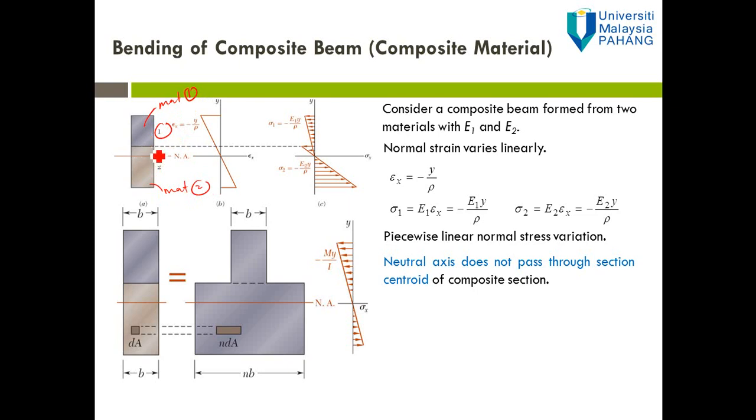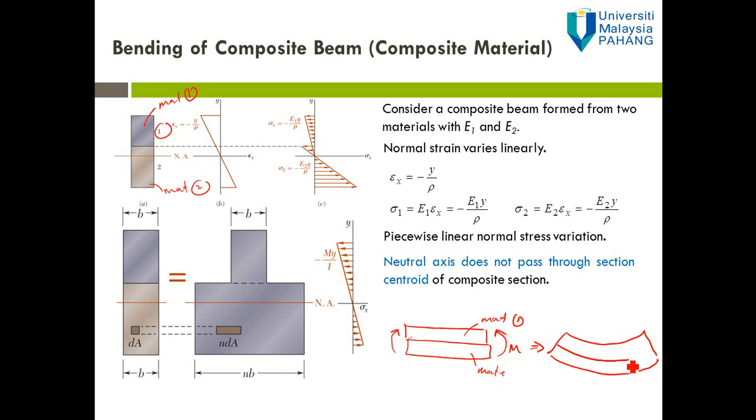Because material 1 and material 2 are firmly bonded to each other, when the beam is subjected to bending moment M, the beam will deform uniformly.